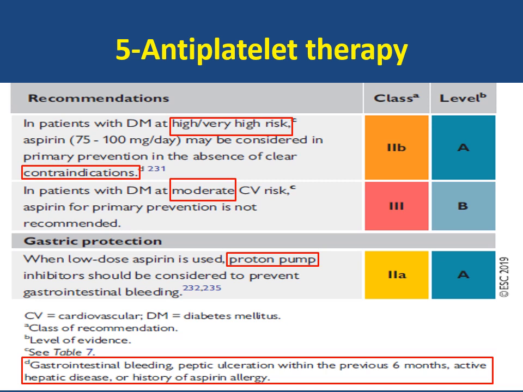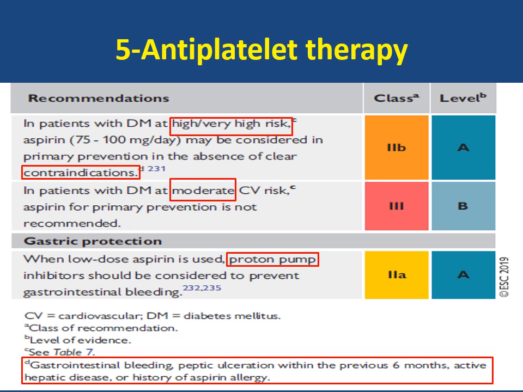So, the guidelines recommend aspirin as primary prevention in patients with diabetes who are classified as high risk or very high risk for cardiovascular events, but in the absence of clear contraindication for aspirin, such as GIT bleeding or peptic ulcer within the past 6 months, or active hepatic disease or history of aspirin allergy.